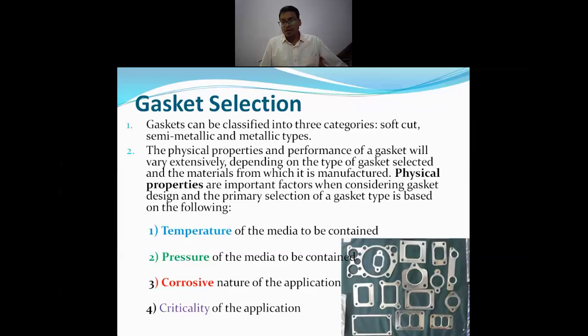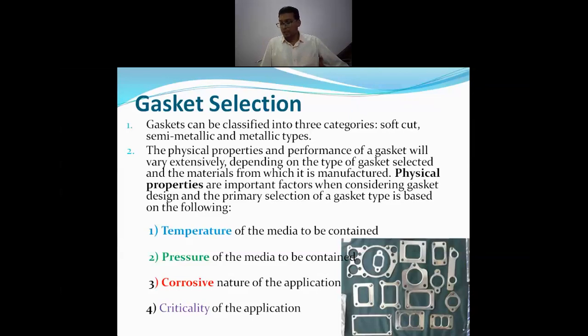If it is paper and cloth, it can be used up to 100 degrees Celsius. Then cork, asbestos, and plastics can be used up to 250 degrees Celsius. Then the metals can go up to 450 or 600 or even higher than that.